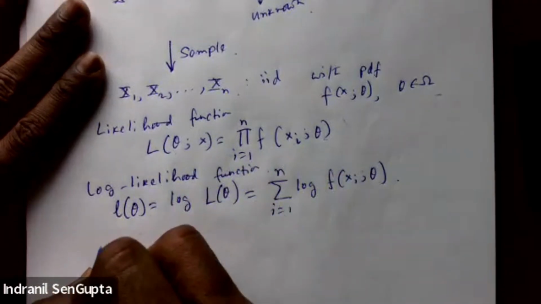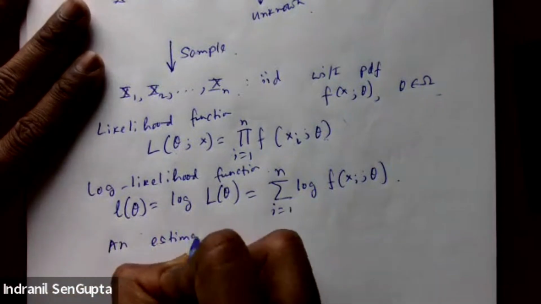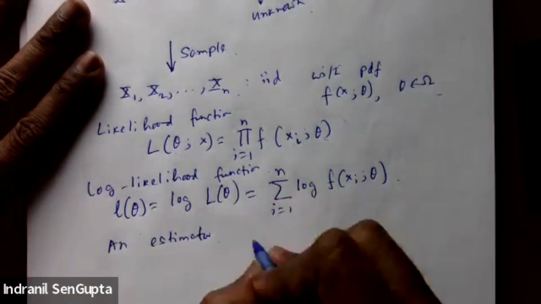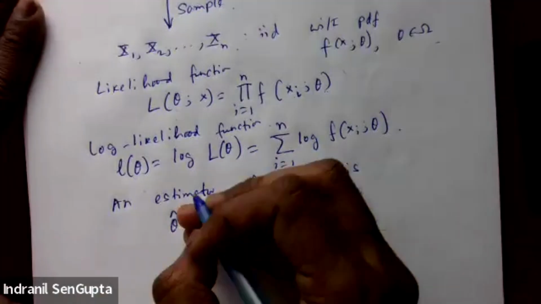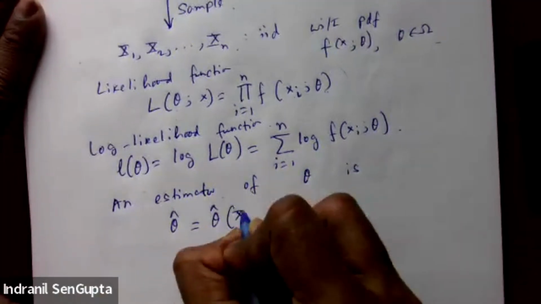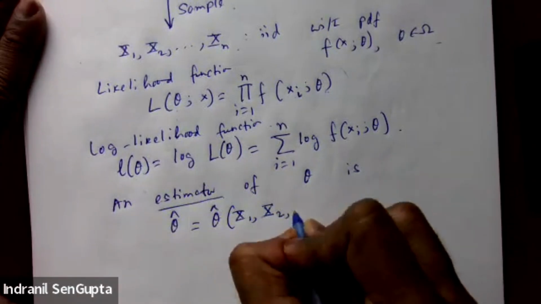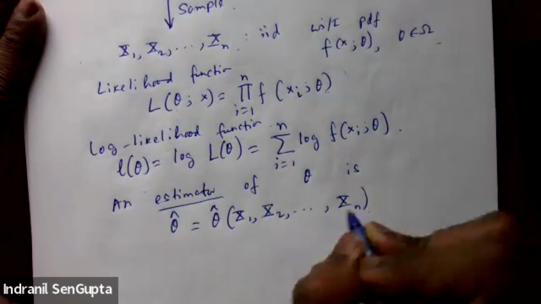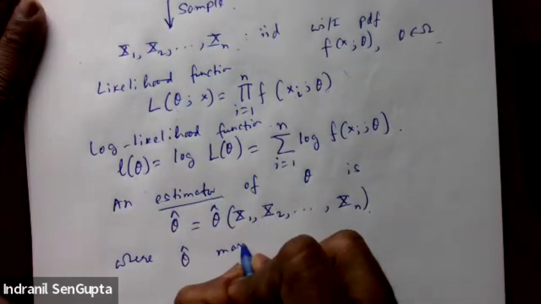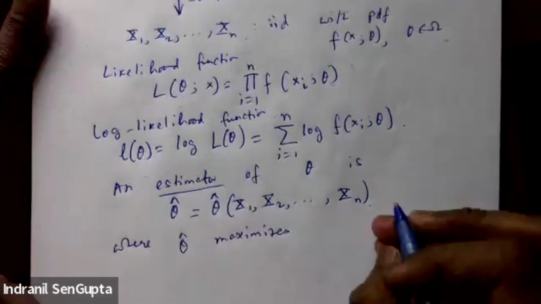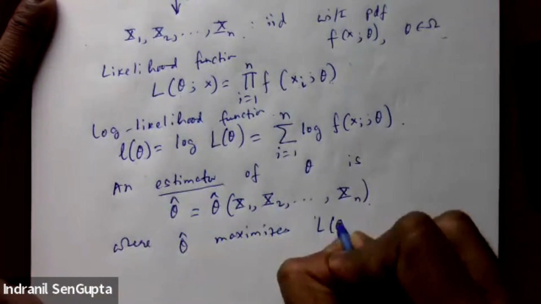A point estimator of theta is given by theta hat, which is a function of all these random variables, X1 through Xn, where this theta hat maximizes the function L(theta).